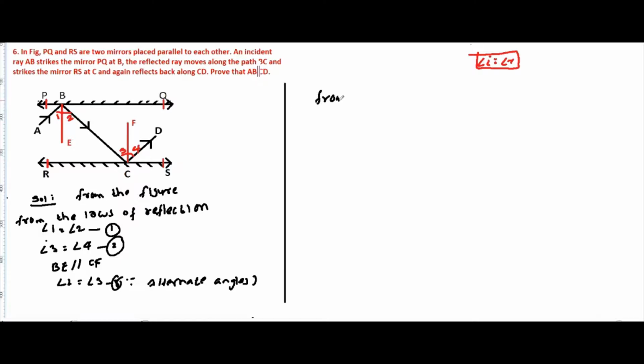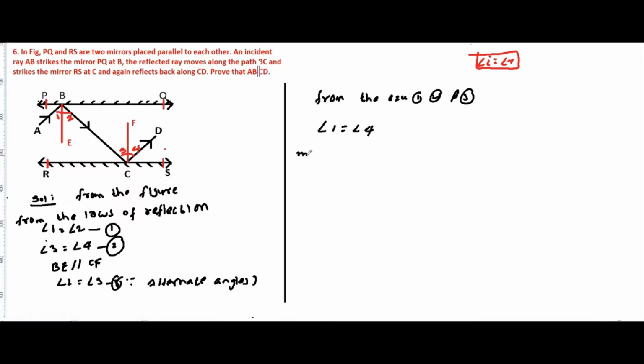From equations 1, 2 and 3, what can we write? Angle 1 equals angle 2, angle 3 equals angle 4, and angle 2 equals angle 3. So we can write angle 1 equals angle 4.